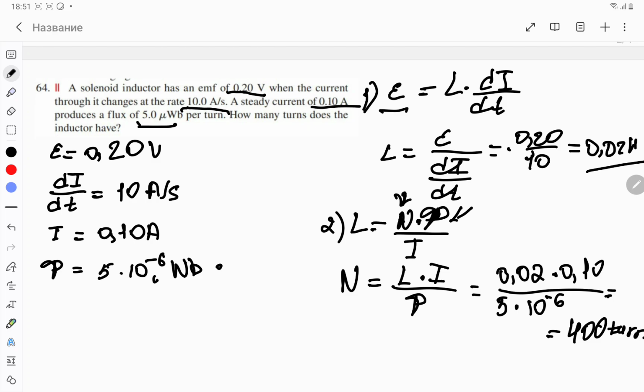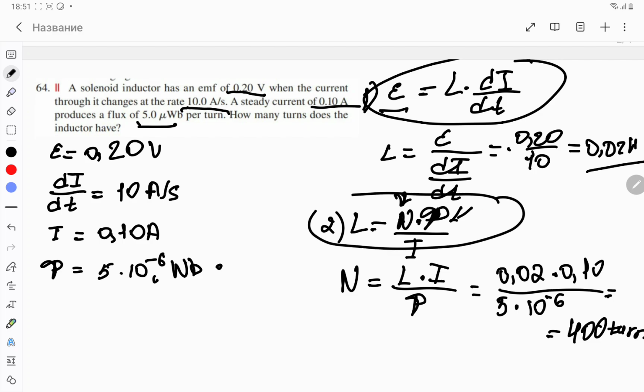So let me do a quick recap of what we just did. First, we used the EMF formula to calculate inductance. Then we used the inductance flux formula to find the number of turns. And then we found the number of turns.